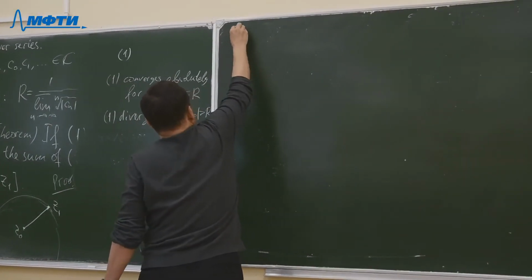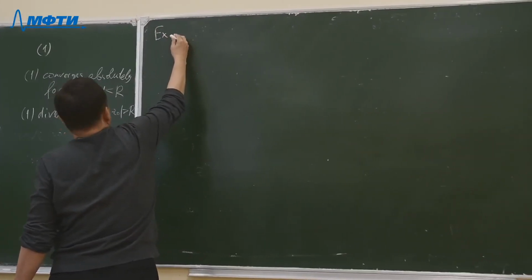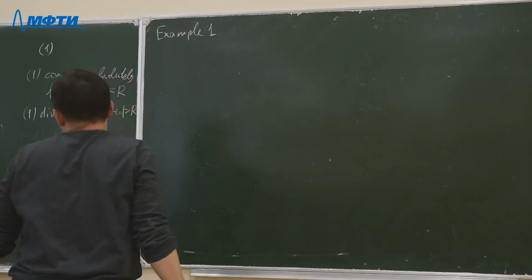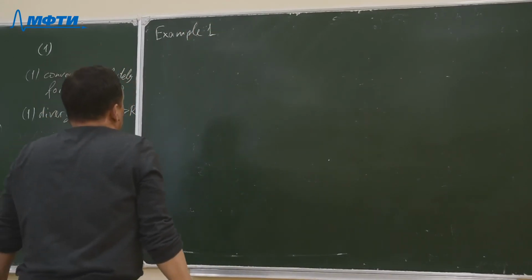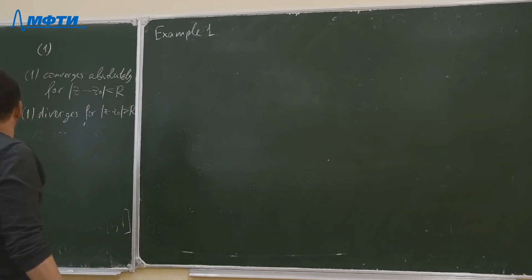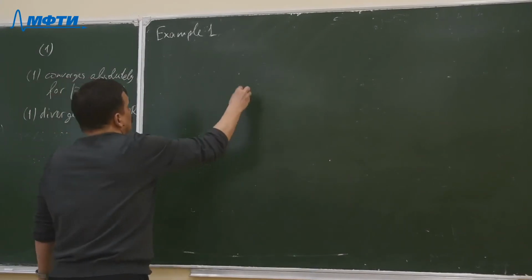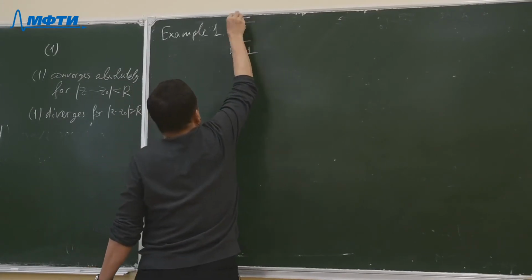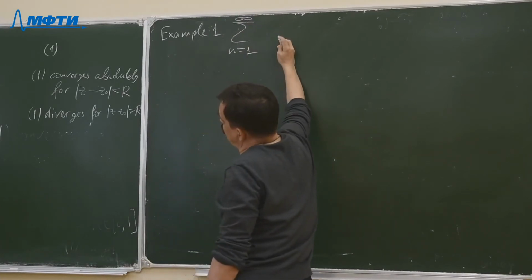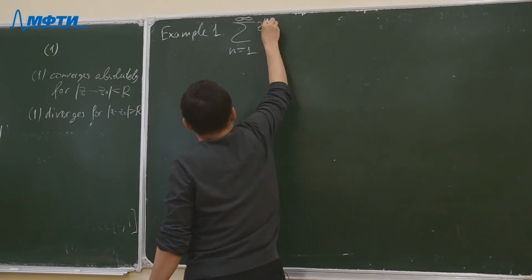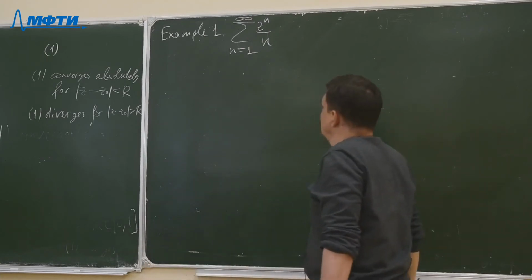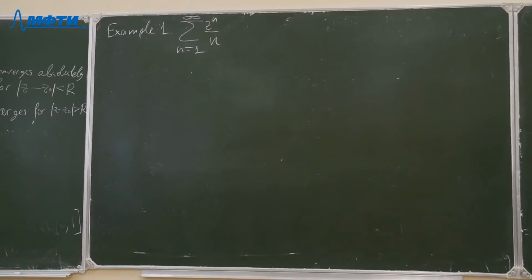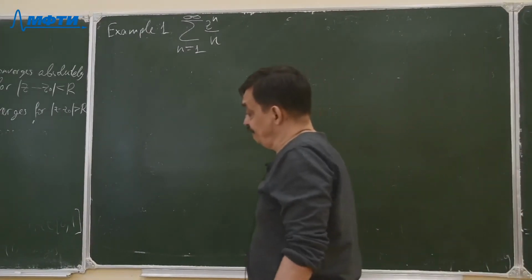Example 1. Such a series, the sum from 1 up to infinity of z to the power n over n. Of course, here we should start from n equal to 1; n equal to 0 is not good.